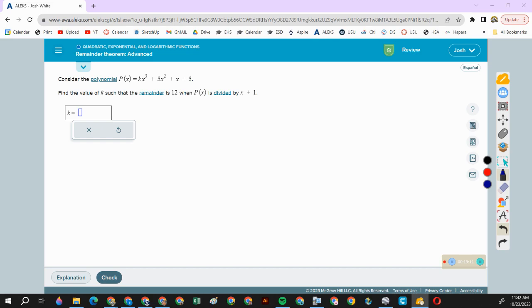All right, so find the value of k such that the remainder is 12 when p is divided by x plus 1. So if I divide by x plus 1, what goes in the corner? -1. Right? So my coefficients are k, 5, 1, and 5. Everybody follow?